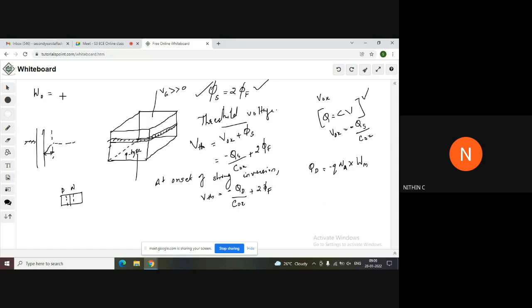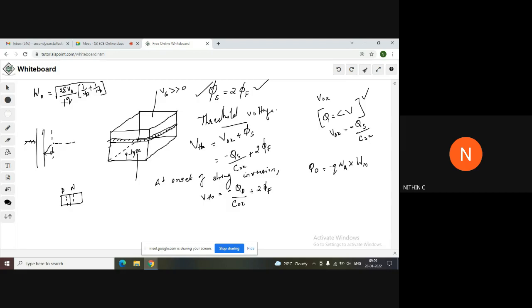And Wm, usually the W naught expression, that is the width of the depletion region, the general expression is root of 2 epsilon V naught by Q into 1 by Na plus 1 by Nd.